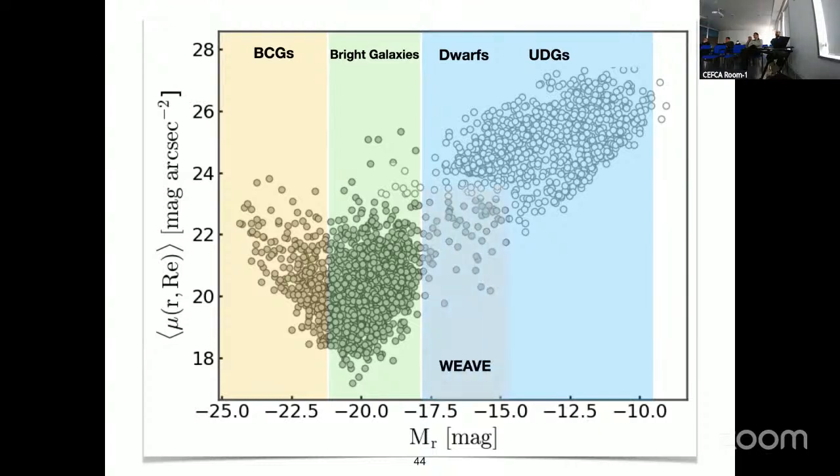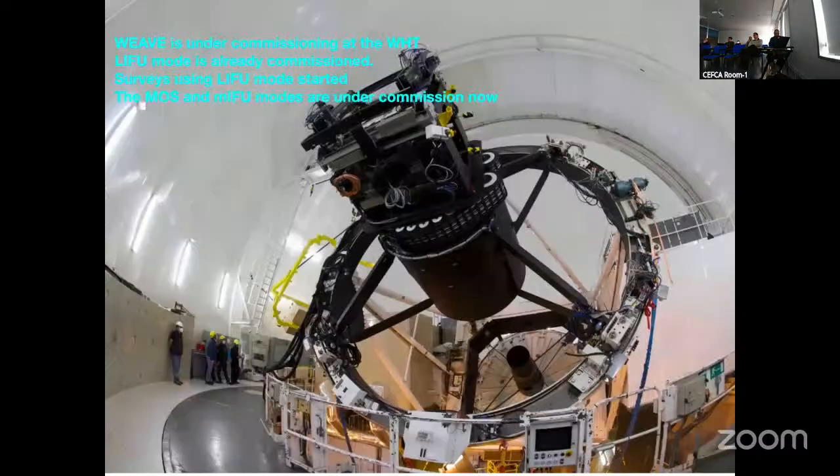WEAVE is a new multi-object spectrograph that is in commissioning time for the William Herschel Telescope. WEAVE will provide us spectroscopy in this region here, where there is a clear lack of spectroscopy that we have today with the massive spectroscopic surveys. Basically, this is WEAVE. This is the dome of the William Herschel, and it's under commissioning now.